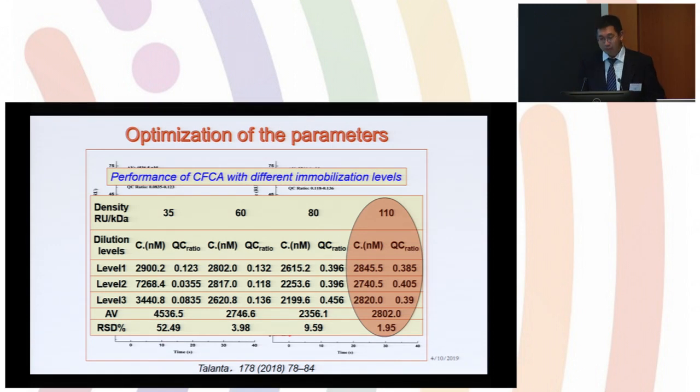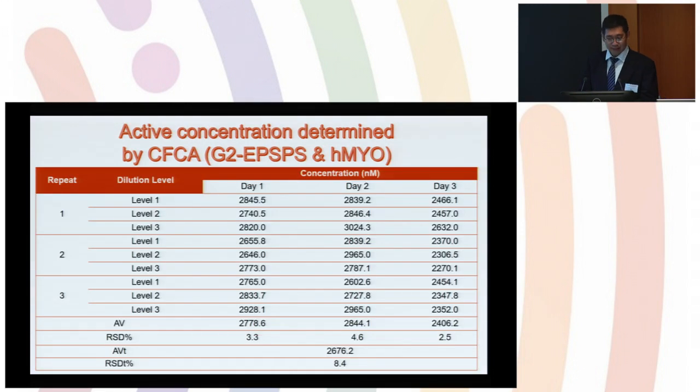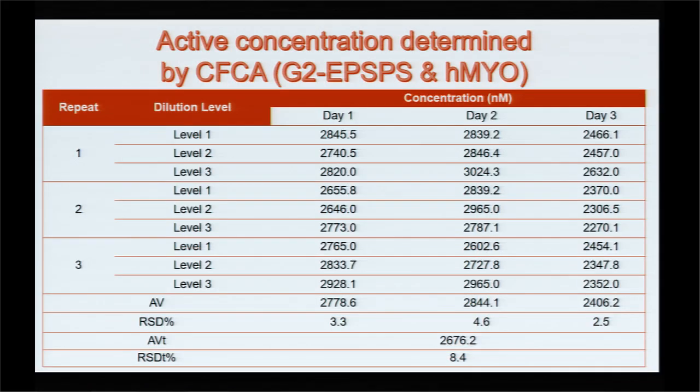Then, with the optimal experimental conditions, we have analyzed the active concentration on 3 separate days. The relative standard deviation within 1 day is from 2.5 to 4.6%. And the relative standard deviation among 3 days is about 8.4%.